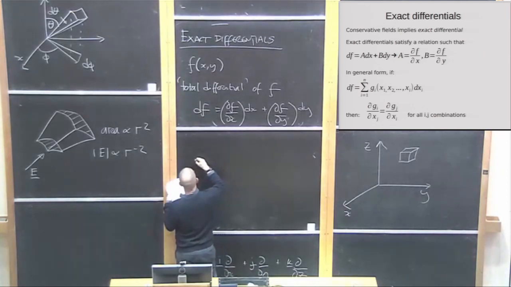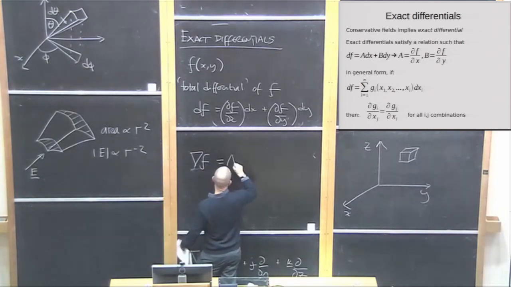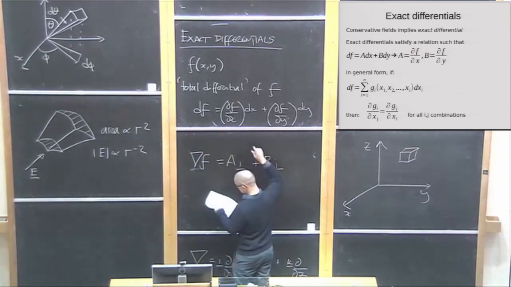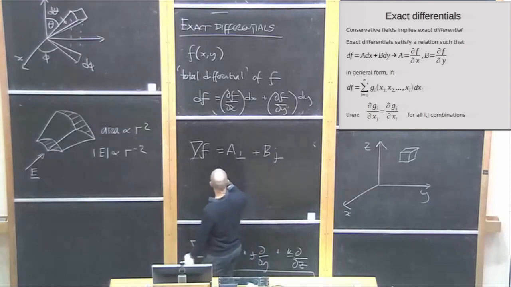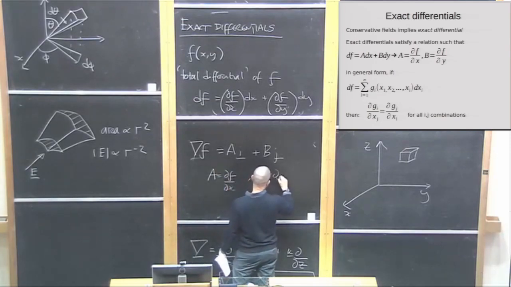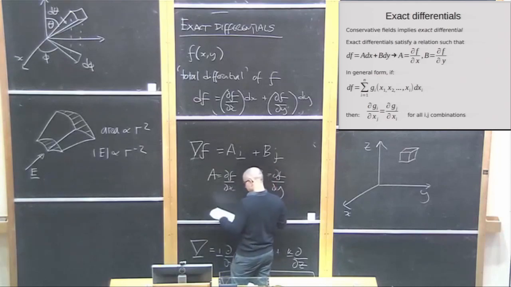So if we have some scalar field f, and we calculate the gradient of f, and that gives us some a i plus some b times j, this means that a is df dx and b is df dy.